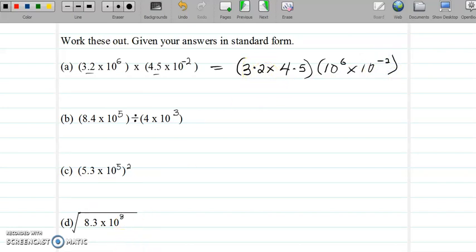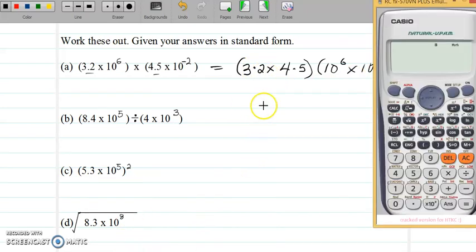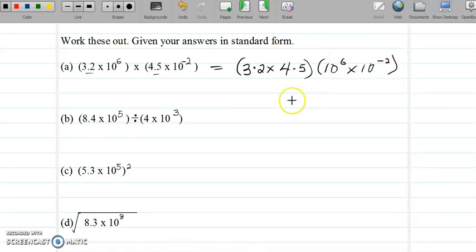So in this case, 3.2 multiplied by 4.5 gives 14.4. So this gives me 14.4 multiplied by, now in this one, since the bases are the same, I will add the powers: 6 plus minus 2.